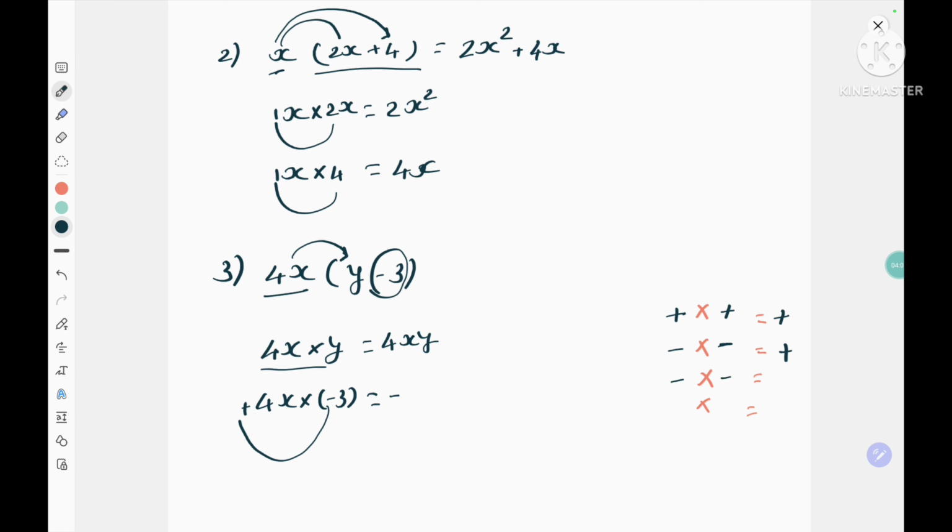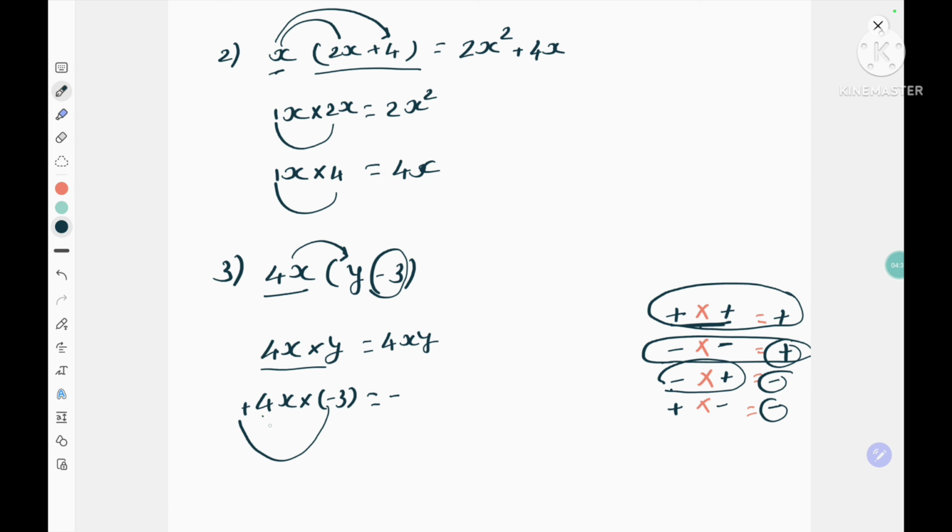When you multiply negative times positive, the answer is negative. If you multiply positive, plus times minus, the answer is negative. So you can remember it like that. If two numbers multiply, and both numbers have the same sign, it doesn't matter whether it is plus or minus, the answer is positive. But if you multiply two numbers and one number is positive and another number is negative, it doesn't matter in which order, the answer is negative, okay, remember.